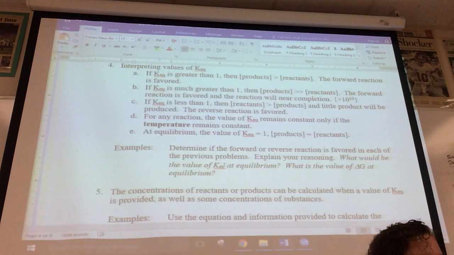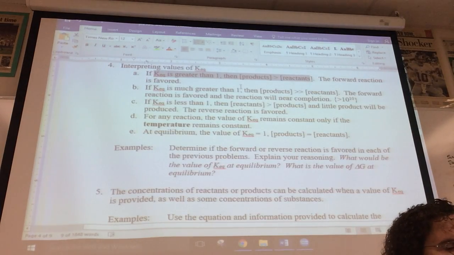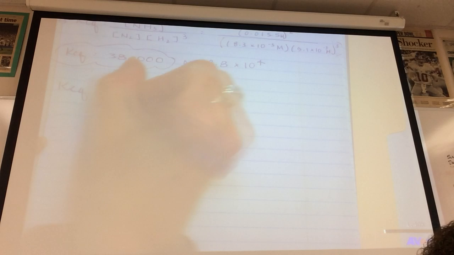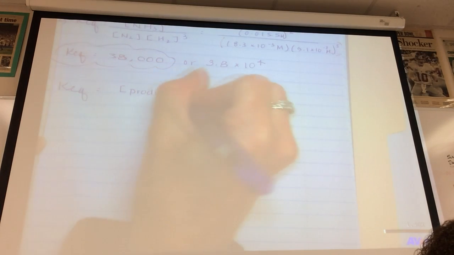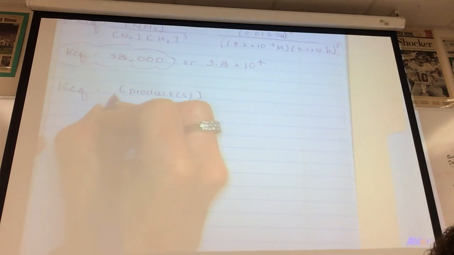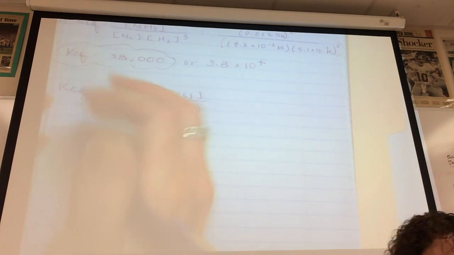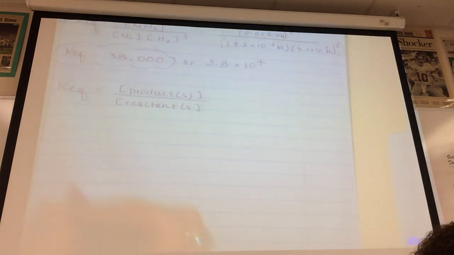All right, in regard to the interpretation, it says if KEQ is greater than 1, then product concentration is greater than reactant concentration. So we know that KEQ is equal to product concentrations over reactant concentrations raised to their appropriate coefficients.